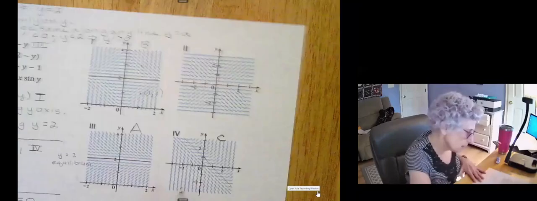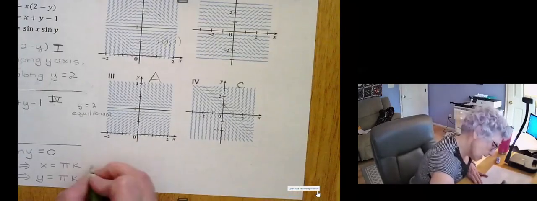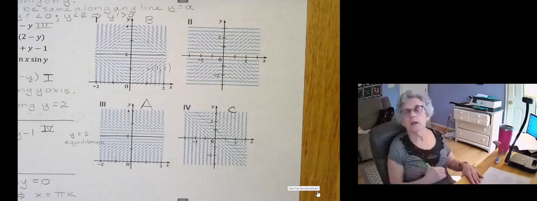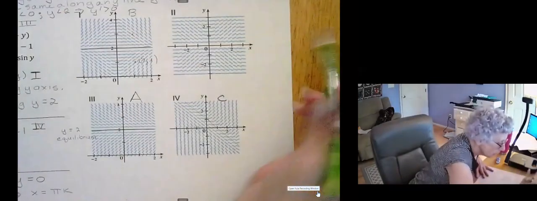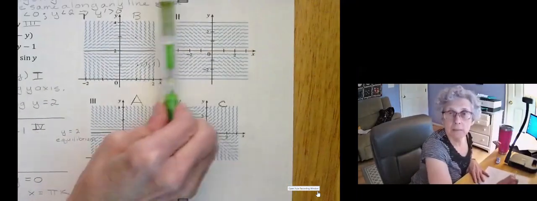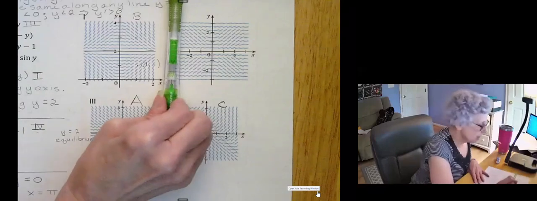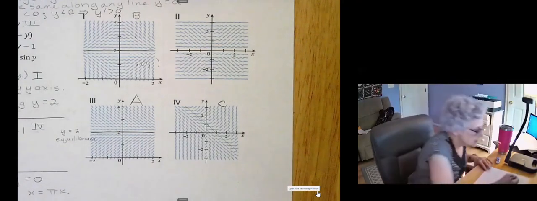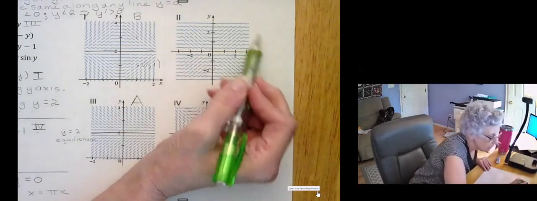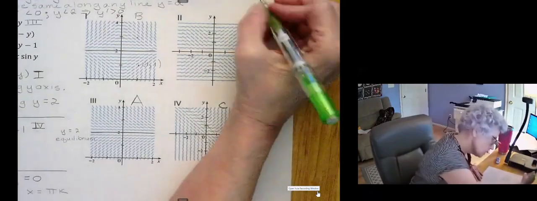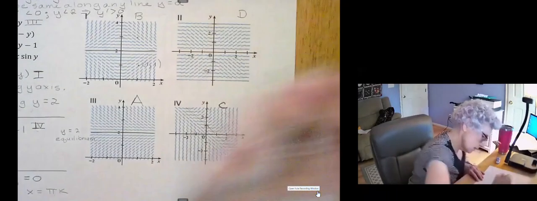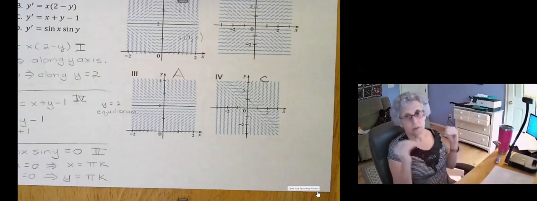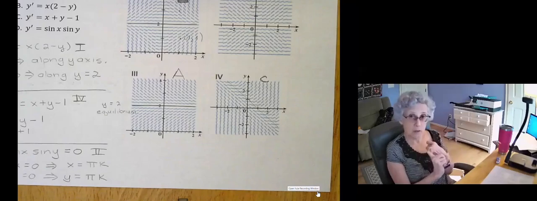So that means I'm going to have flat lines all along the x-axis and at pi multiples going up and down. And I'm also going to have flat lines at pi multiples of x values along the y-axis and x values. And you can see it kind of follows a sine wave look to it. So this one is D, this one is 2.